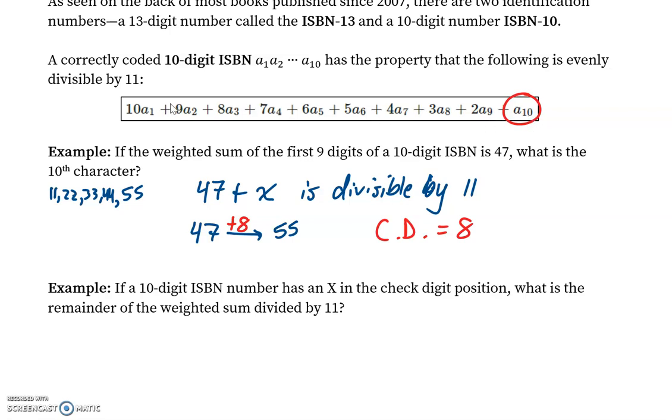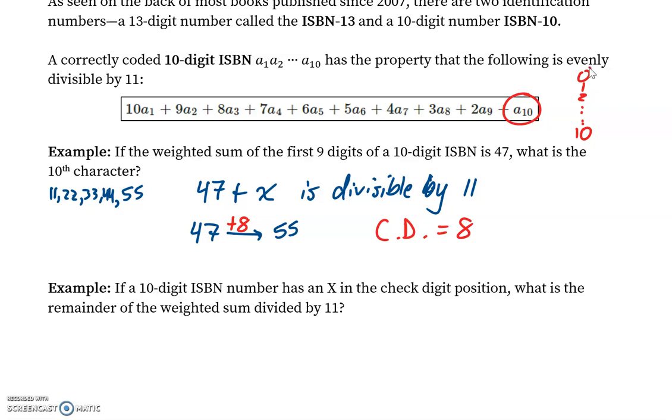It could be a 1 because maybe they're not quite divisible by 11. They need that extra 1 to go in there, all the way up to, well, we're never going to get to 11, right? So it is possible to have a remainder of 0, of 1, of 2. The very last remainder we could have is 10.